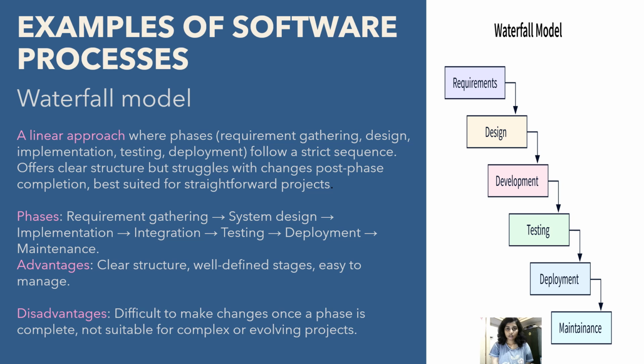The phases involved in the waterfall model are requirement gathering, system design, implementation, integration, testing, deployment, and maintenance. Advantages are it provides a clear structure, well-defined stages, and is easy to manage. The disadvantage is that once a phase is completed, it's very difficult to make any changes after that, and it's not suitable for complex and evolving projects.